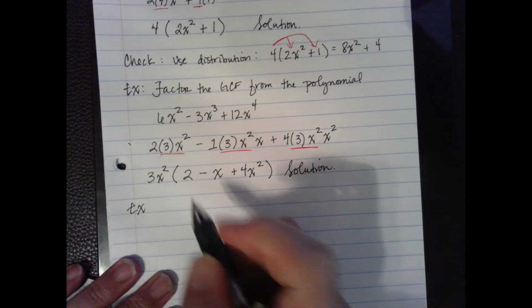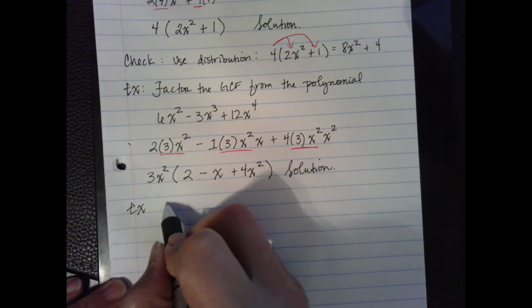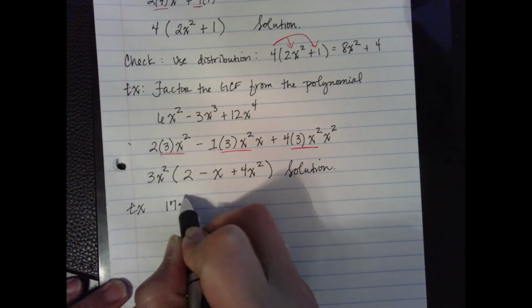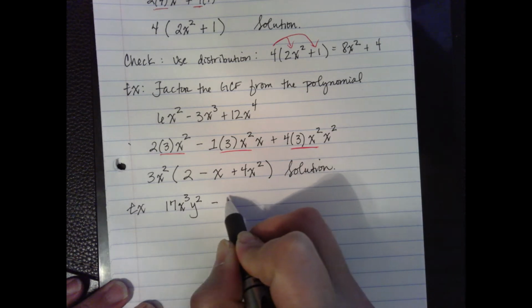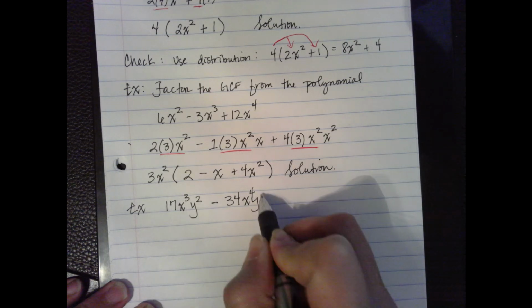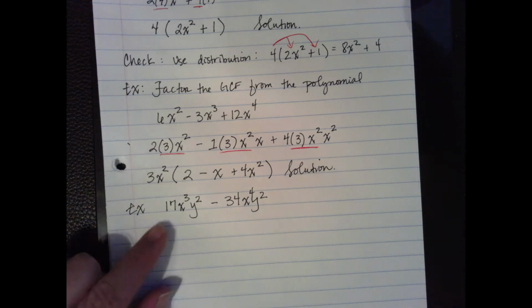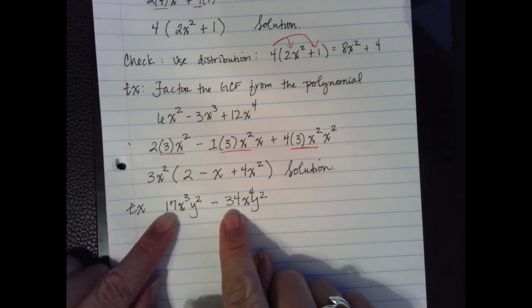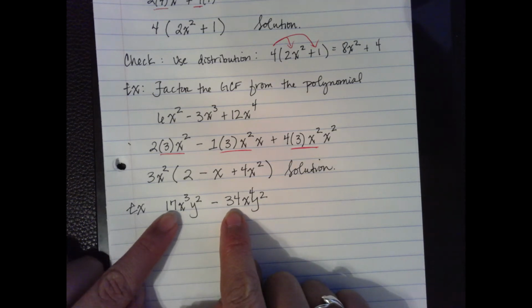Let's say I was looking at something with multiple variables. Okay, so what about 17x cubed times y squared minus 34x to the fourth power times y squared? Okay, so I need to look for a GCF among my coefficients and for each of my variables. Okay, so 17.